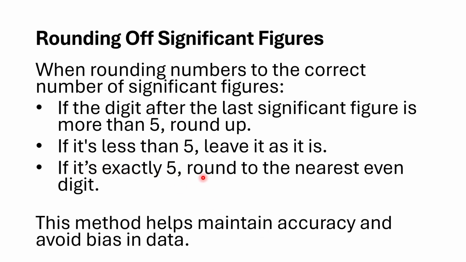If it's exactly 5, round to the nearest even digit. If the last significant figure is exactly 5, then we go to the nearest even digit. So these are the three rounding off rules for significant figures.